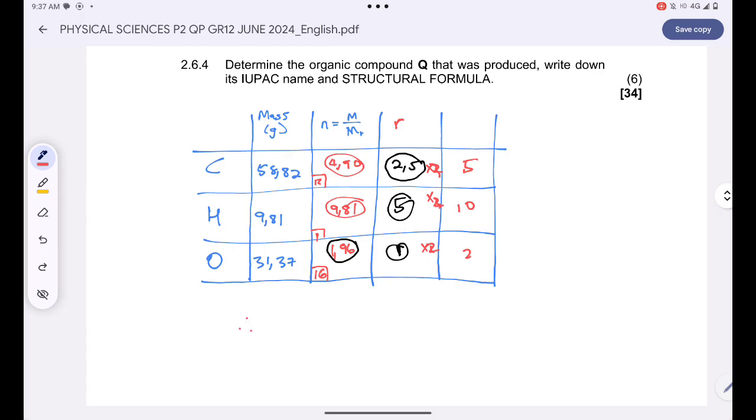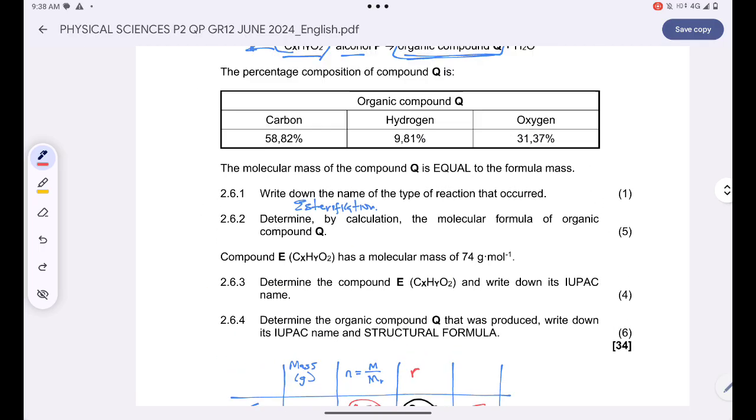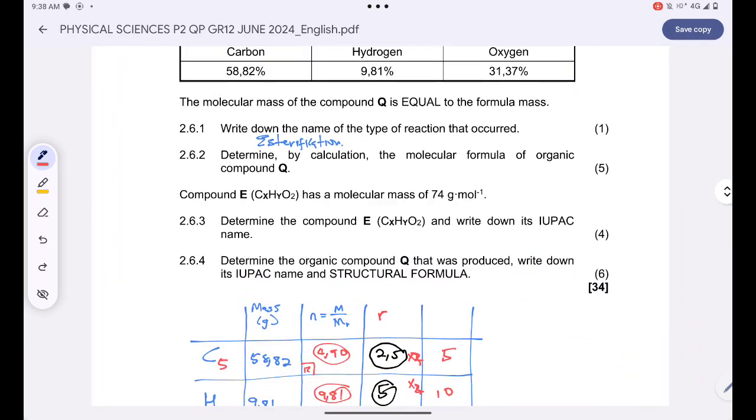So I'll have C5 H10 O2. The empirical formula is C5H10O2, and so is the molecular formula. This is the molecular formula of our ester, compound Q. I now know that compound Q has a molecular formula of C5H10O2.